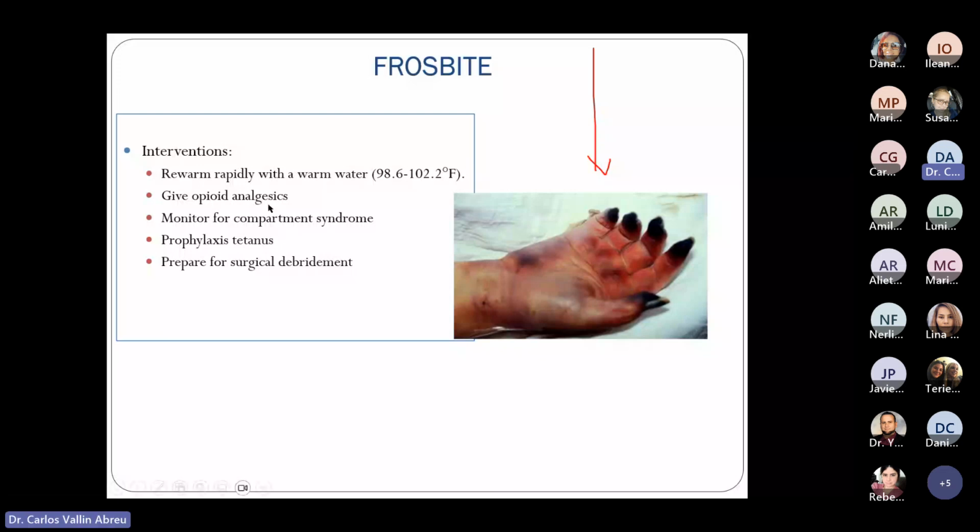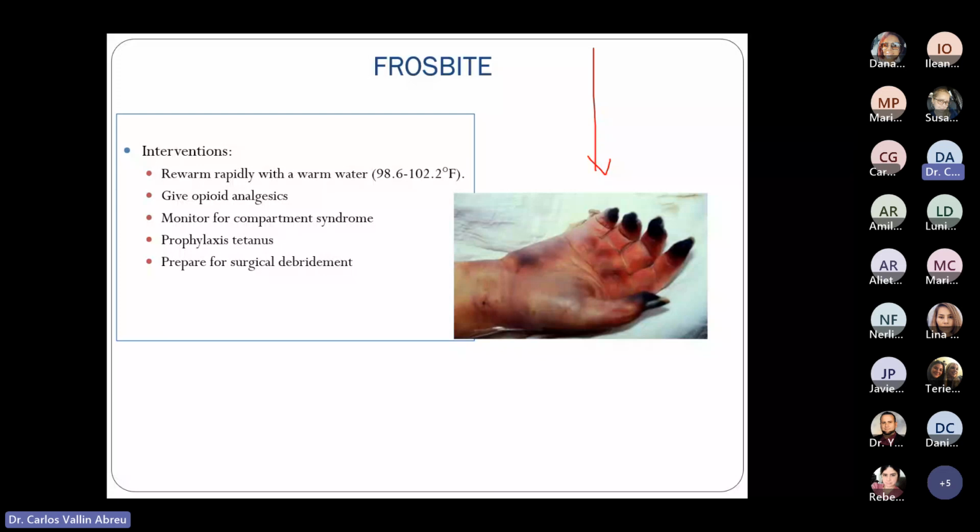And don't forget that it requires opioid analgesic, because when the vasodilation returns, it's going to be very, very painful. Compartment syndrome can occur, and of course, after that, the doctor will do a surgical debridement of the necrotic tissues, and sometimes amputation.